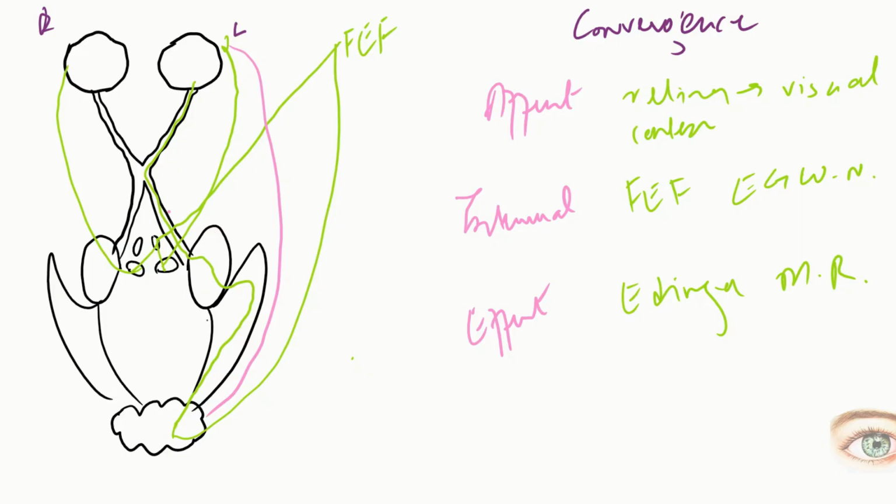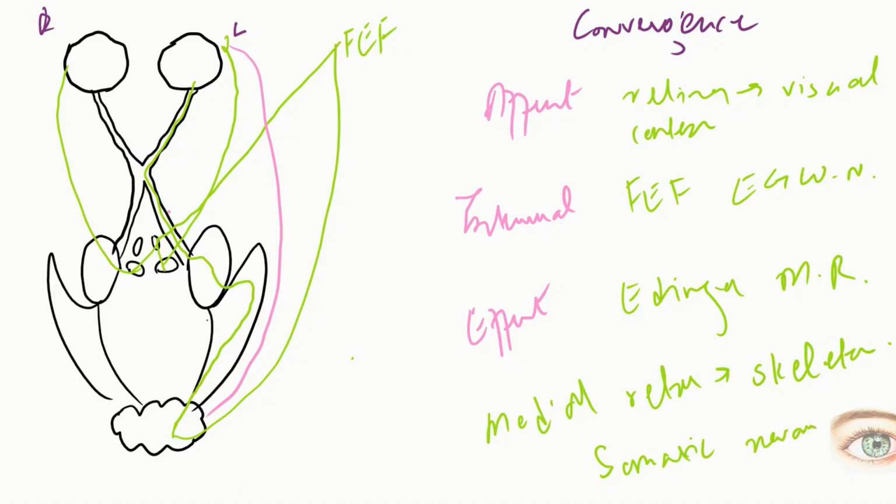And in the convergence here, the medial rectus is a skeletal muscle, and this is related to the somatic nervous system, not to the autonomic nervous system. This is the key concept why it does not synapse in the ciliary ganglion, right?